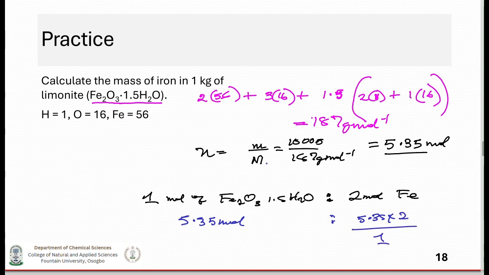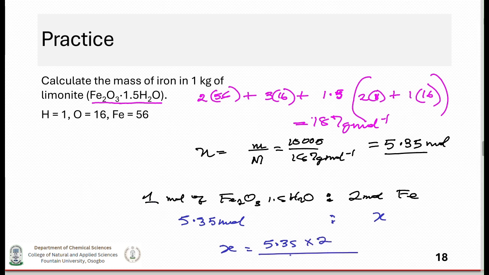Remember, if you are confused, because I don't want to confuse you, I can just put x here, and then we cross multiply. So x will equal 5.35 times 2 divided by 1 mole. Remember, this is 1 mole, and this is also mole. Let me clear this so you understand it.